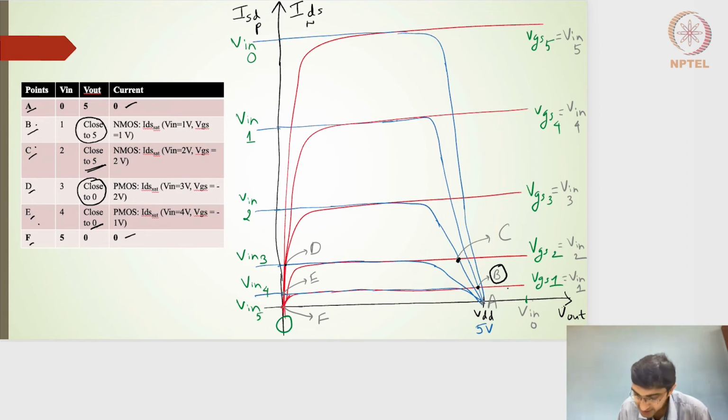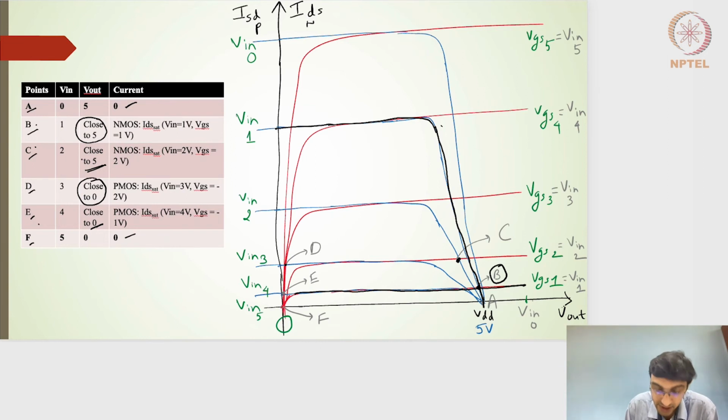For the NMOS side, it is nothing but the saturation current, which is intersecting with this particular blue line. Although I've now made it black, the earlier blue line was nothing but the linear region. So at point B, the PMOS was in the linear region and the NMOS was in saturation.